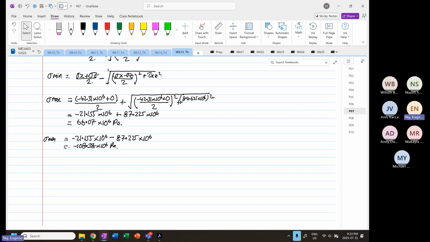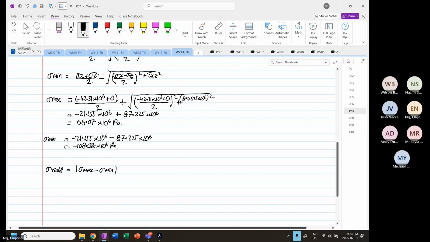So stress will be equal to stress max minus stress mean, right? Sorry, not stress yield, our stress allowable. We call it allowable, because this is calculated.